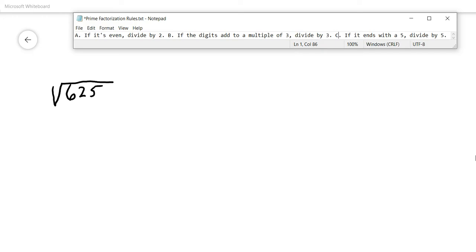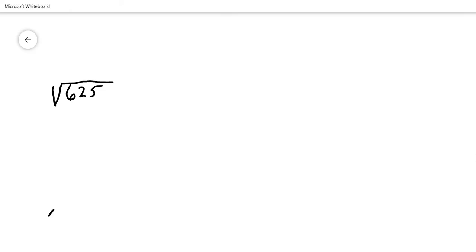Okay, let's see. 625 divided by 5. I know 5 goes into it because it ends with 5. Okay, 5 into 6 goes once with 1 left over. 5 into 12 goes twice with 2 left over. 5 goes into 25 5 times. There we go. No remainder, and this number ends in 5, so guess what?